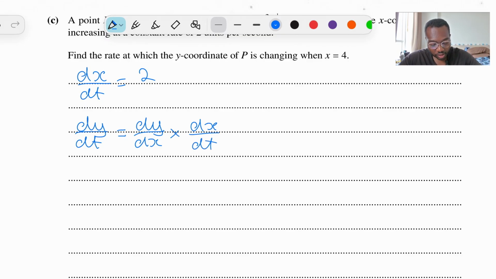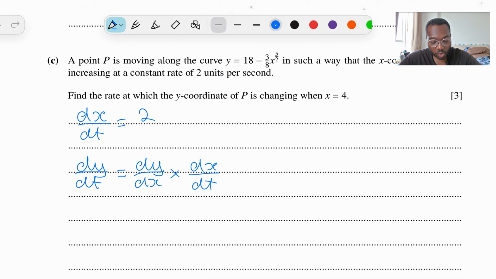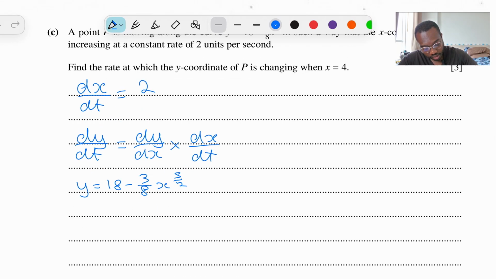So we already know that dx over dt is 2. All we need to do is work out what dy over dx is. And we can actually work that out because we know what y is. They tell us that y is 18 minus 3 over 8 x to the 5 over 2.